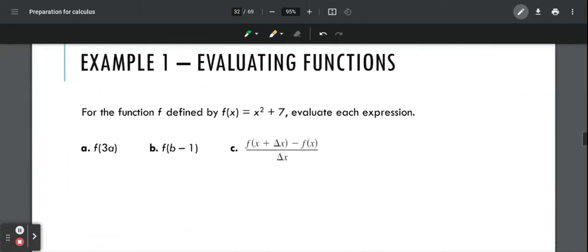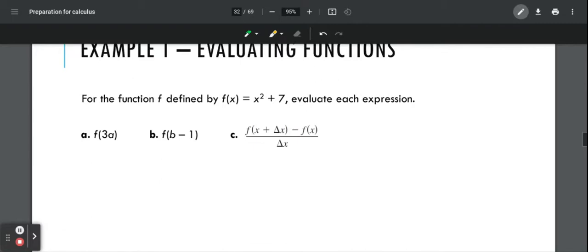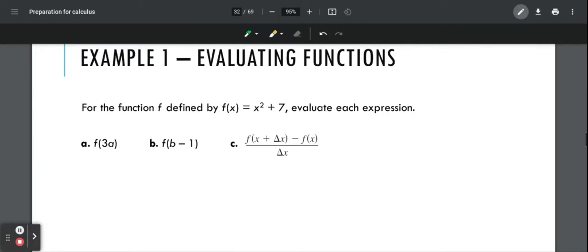So just a few reminders of how we evaluate function notation. You're probably used to most of the time just substituting in numbers for x. If we had f of 2, we would substitute a 2, so we would have 2 squared plus 7, and so f of 2 is 11. But in this example, we're going to practice substituting something that's more than just a number.